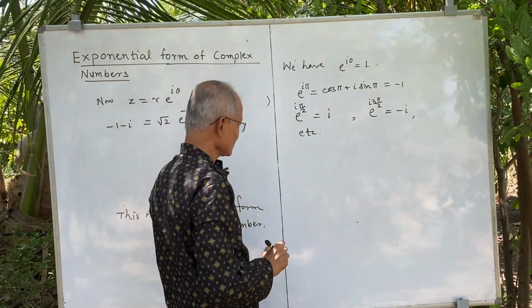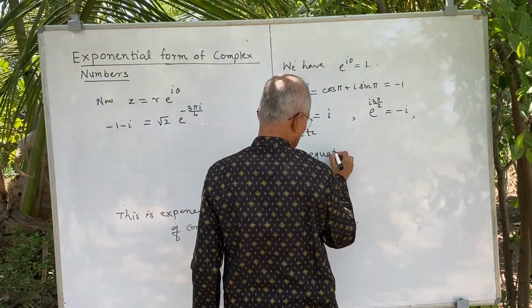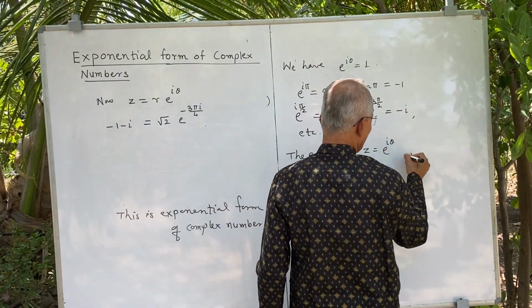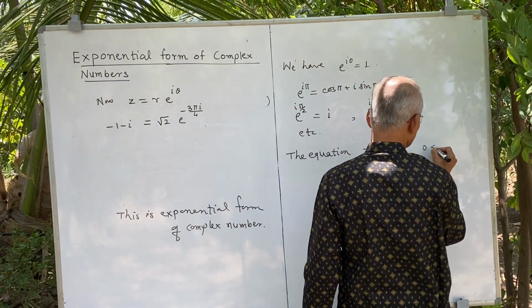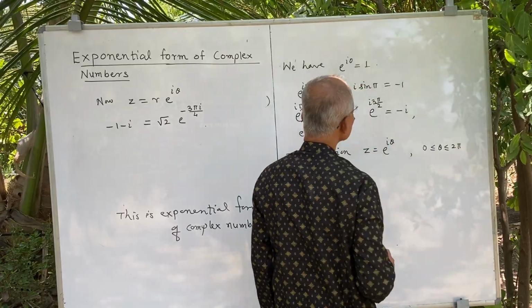And thus the equation z is equal to e power i theta, when theta varies from 0 to 2 pi, what will this represent?